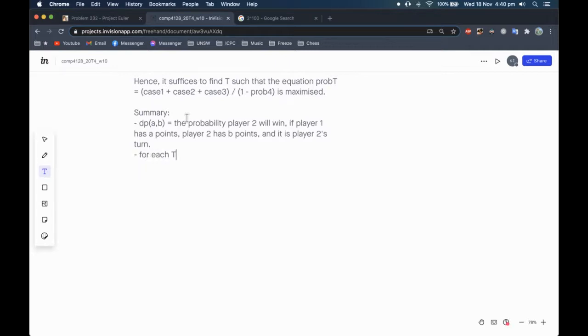For each t, calculate this thing, take the best probability to be dp[a][b], and that's going to be how we handle our occurrences. So that's pretty much it.